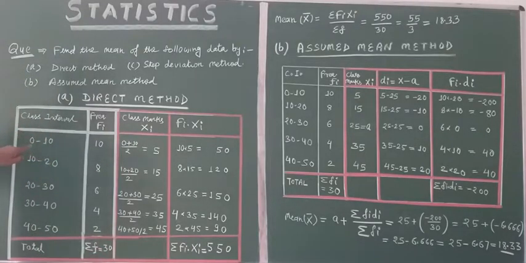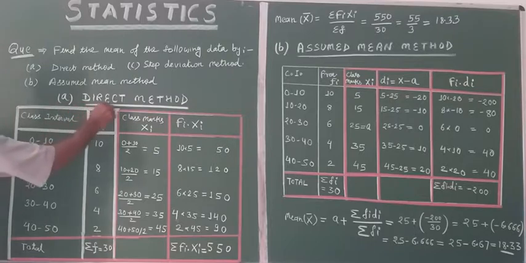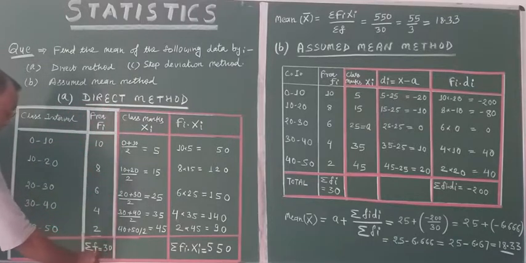Class intervals are 0 to 10, the frequency is 10; 10 to 20, the frequency is 8; 20 to 30, the frequency is 6; 30 to 40, the frequency is 4; and 40 to 50, frequency is 2. So this is the question part from here to here.